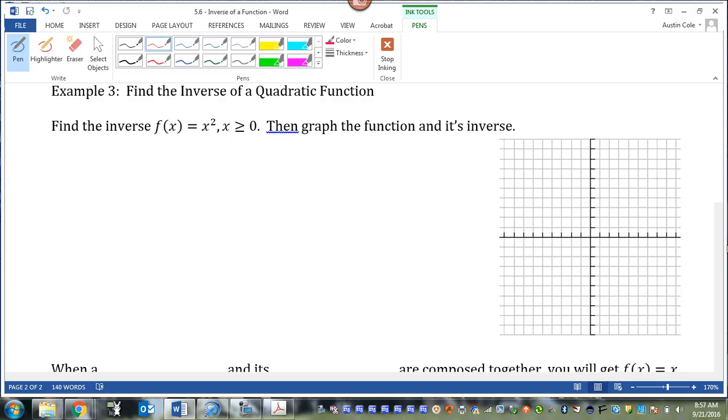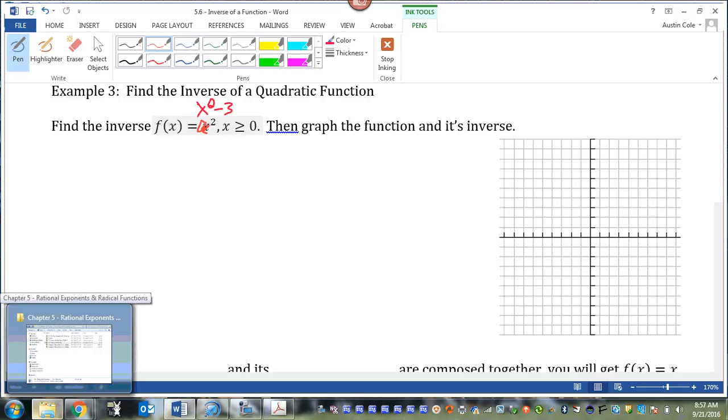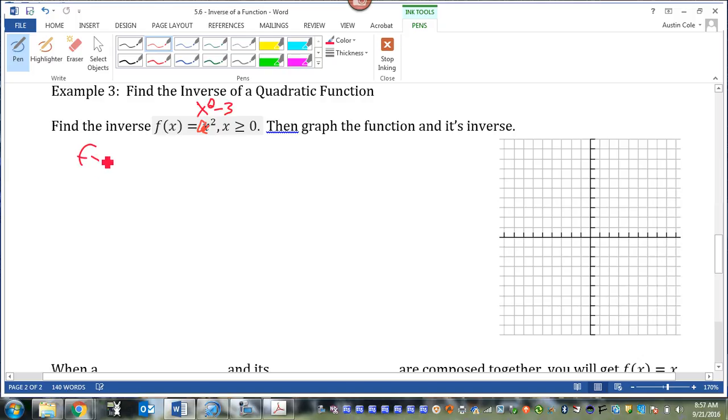So I want you guys to change this x squared to x squared minus 3, since we already did x squared. What's my first step? Easton, that's my first step.